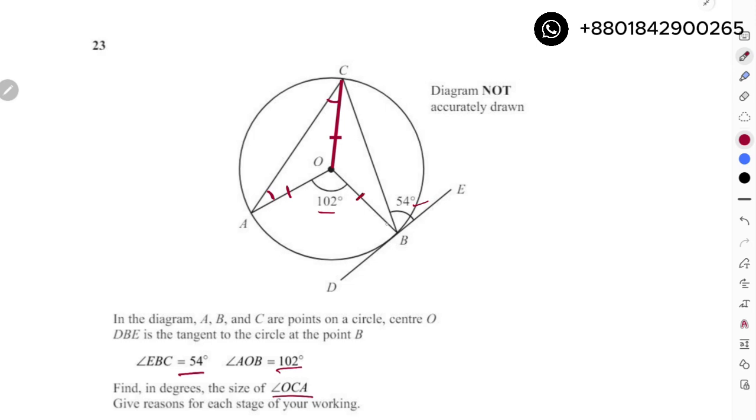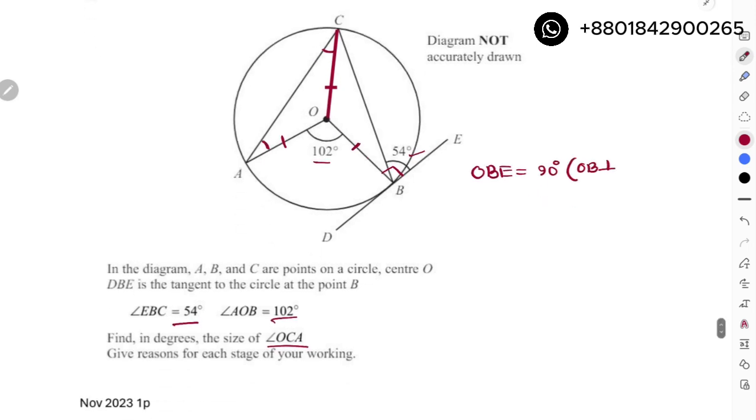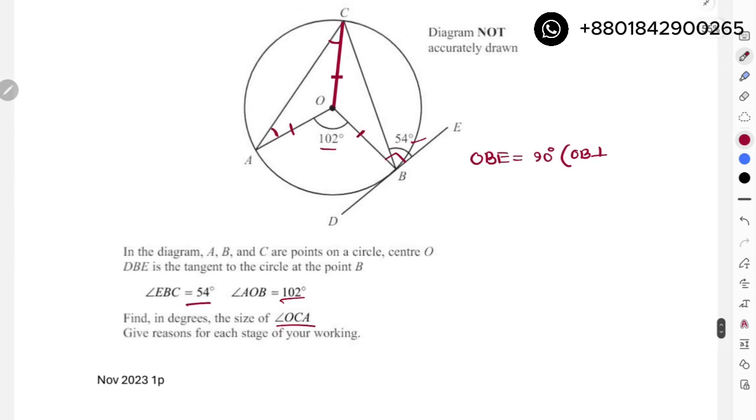If OB is a radius, that means this angle OBE is 90 degrees, because your OB radius is always perpendicular to your tangent DBE, right?